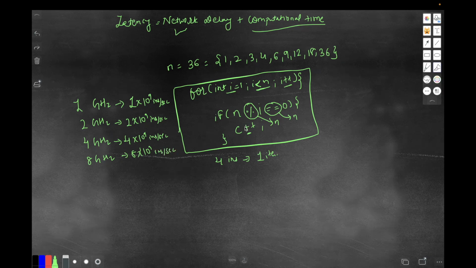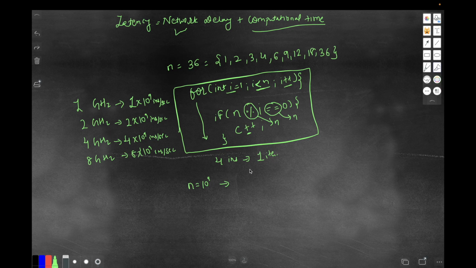So let's try to calculate the factors for the number 10 to the power 9. We have to calculate all the factors for this number. Let's see how much time it will take this program to calculate the factors for this number.